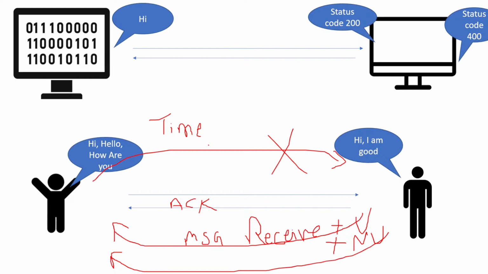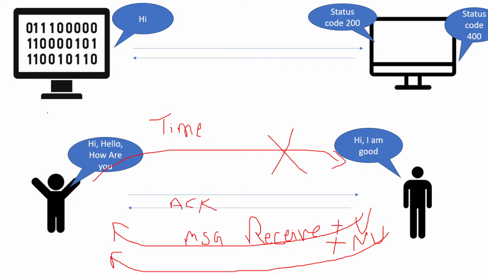If after a couple of seconds that person is not acknowledging, you try to re-send the message. That's the real world, right? That's a human acknowledgement.